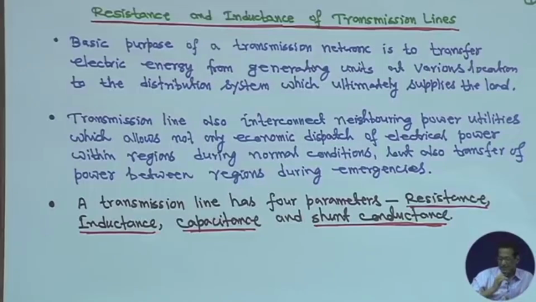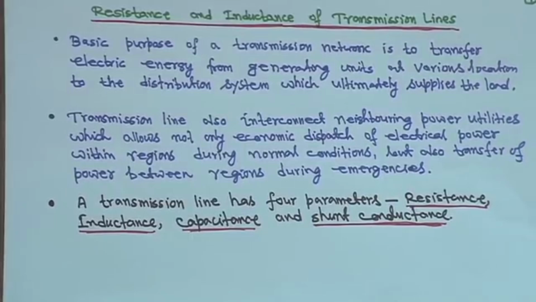So generally resistance is the important part of a transmission line, because it consumes copper loss, I square R, and that is the major thing. Resistance is important, and for a transmission system, for different voltage levels, different types of conductors are used.